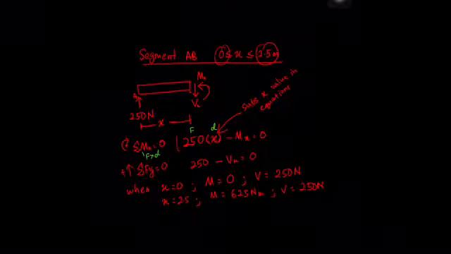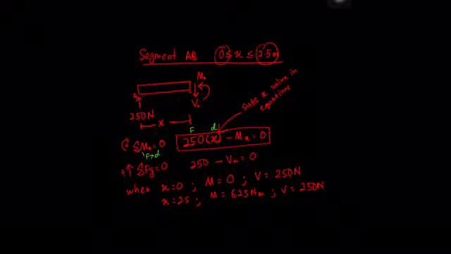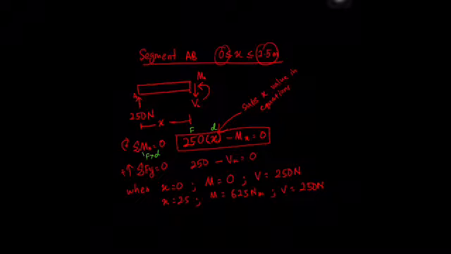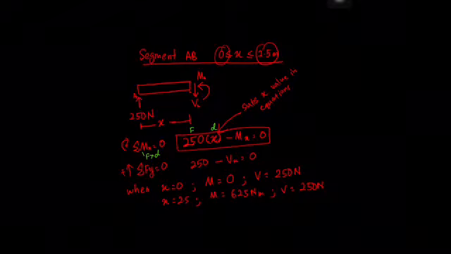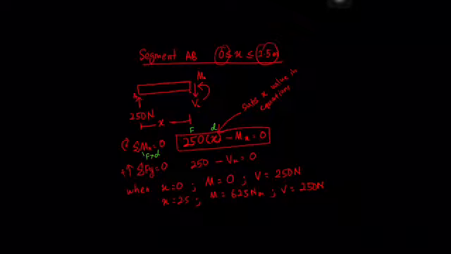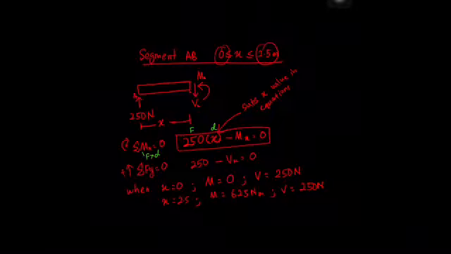Do we need to expand this equation? The answer is no. Do not expand the equation, because I'm afraid that when you expand the equation, you might be wrong. So you just leave the equation, no need to expand.